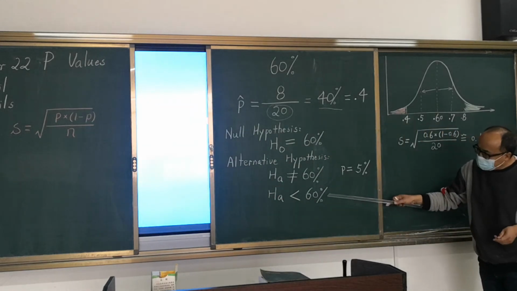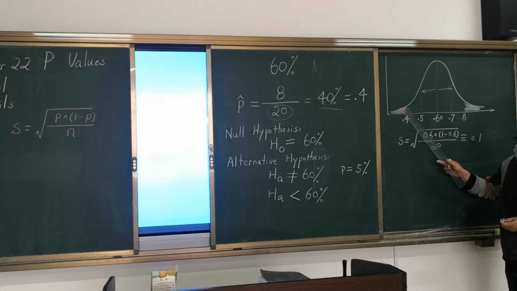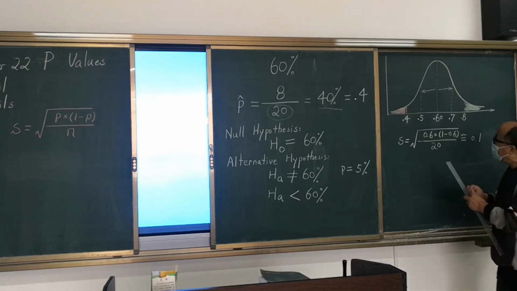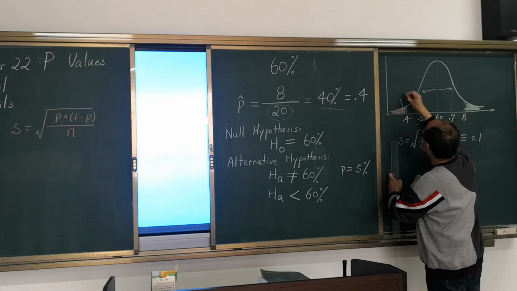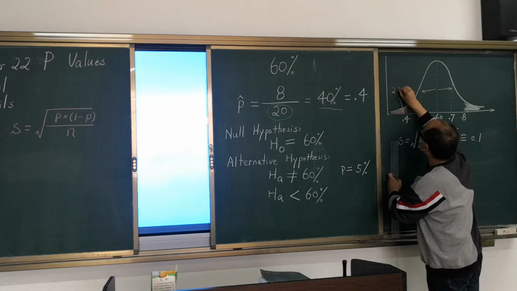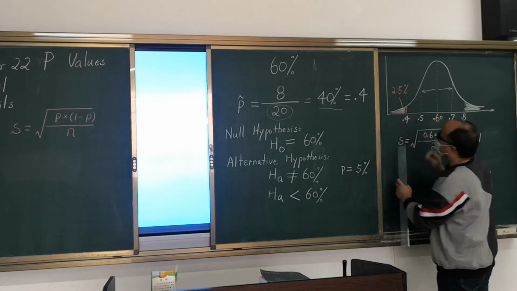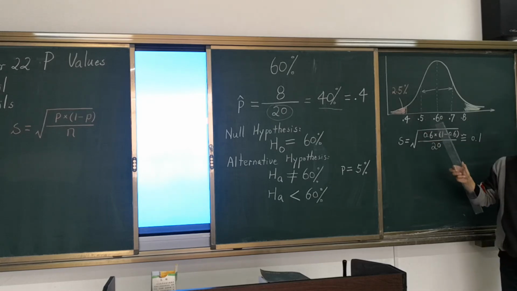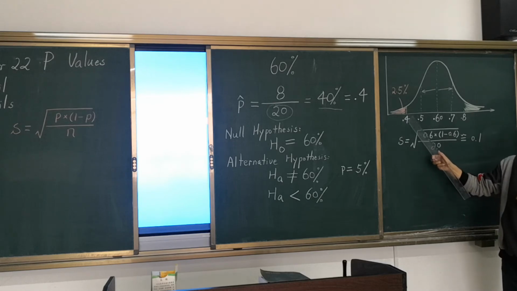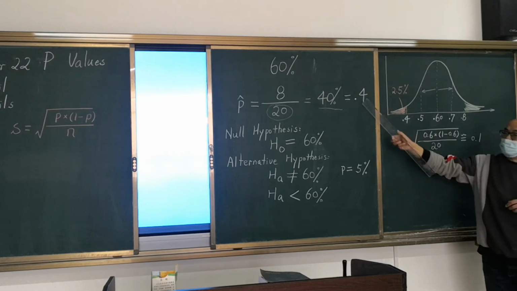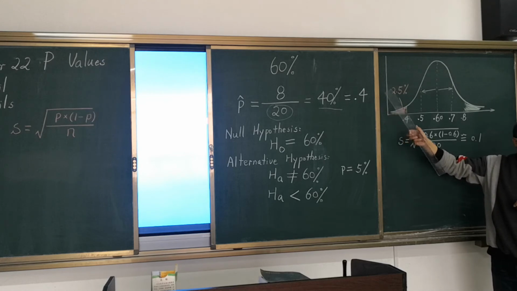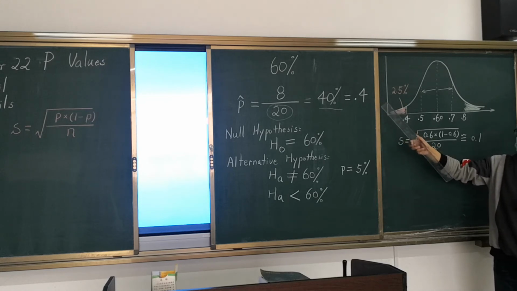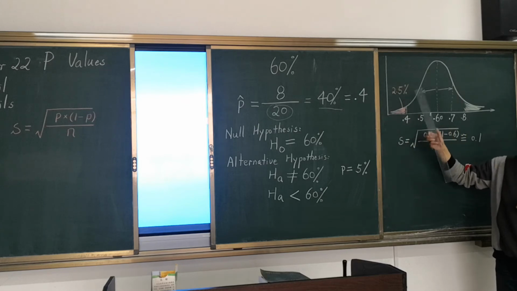Let's finish this p-value first. What's this? 2.5%. Okay. If this is him, only 2.5% chance.